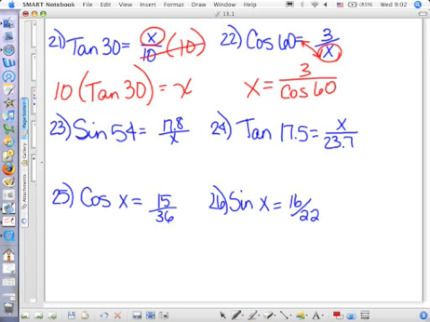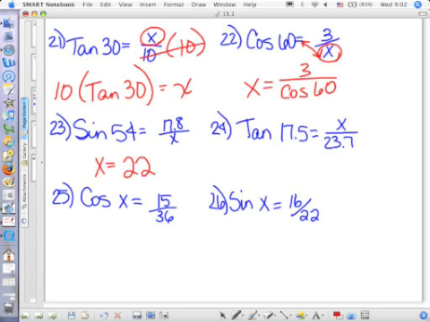In number 23, do it on your calculator and get your answer. You should get x equals 22.